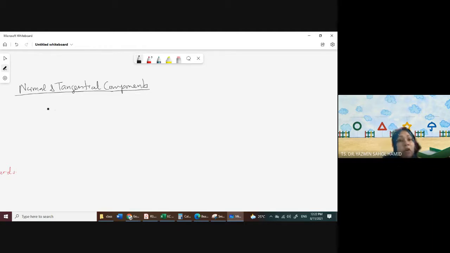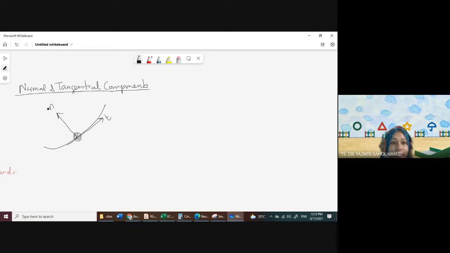So basically, with normal and tangential components, what we are doing here is resolving the forces and the acceleration of the particle into the tangent path and the normal path. You understand? Kita nak resolve the forces in the tangent path and kita nak resolve the forces in the normal path.